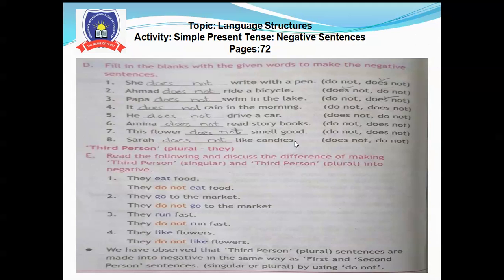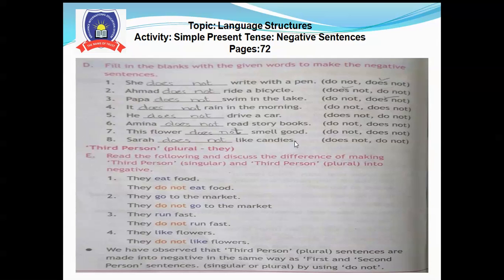Number 1, they eat food. They do not eat food. They go to the market. They do not go to the market. They run fast. They do not run fast. They like flowers. They do not like flowers.